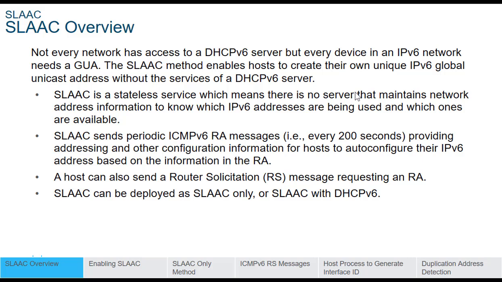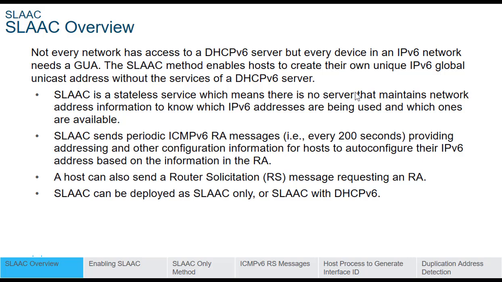A host configures its IPv6 address based on the information that is sent in the RA. We've looked at that in lesson 1. RA messages are sent by an IPv6 router every 200 seconds. So the interval is 200 seconds.